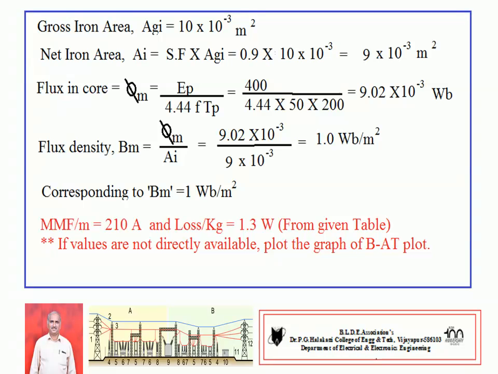In this problem these two values are directly available from the table, take them down, no problem. But if the flux density is an intermediate value, then you have to go for reference of the graph. Hence, getting the idea, this BH curve is supplied by the manufacturer.